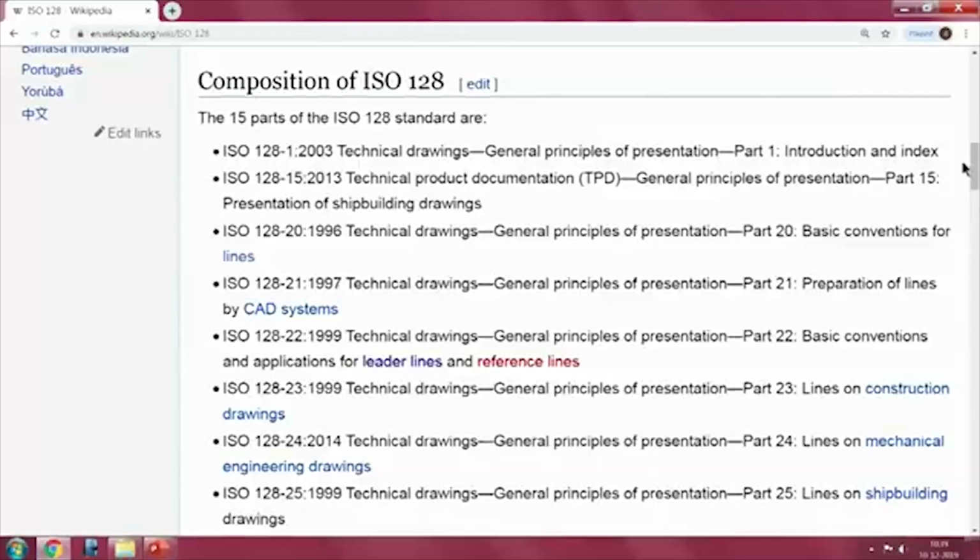Again, the word drafting should be slightly different, because it is also used in connection with legal documentation, where some norms are there. In this case, it is strictly related only to technical drawings. In these technical drawings, we have basic conventions for lines, application for leader lines and reference lines, general lines of construction, lines of mechanical engineering drawings.